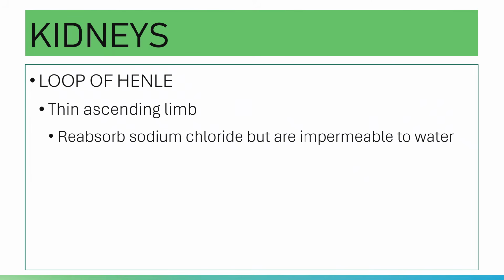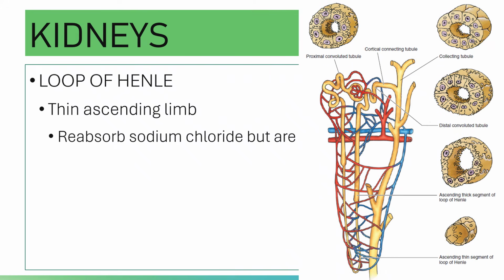The thin ascending limb of the loop of Henle reabsorbs sodium and chloride but is impermeable to water. Let's compare the size of the tubules. You have here your proximal convoluted tubule, lined by simple cuboidal epithelium, and your distal convoluted tubule, which is also simple cuboidal.